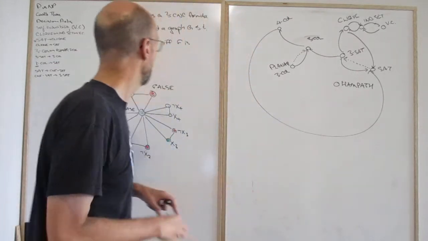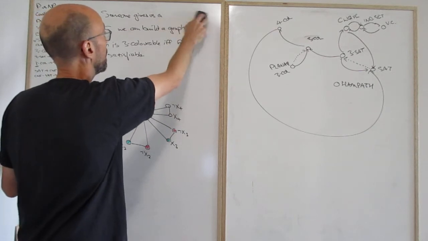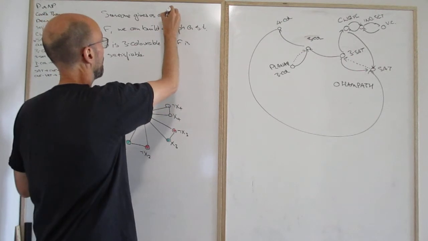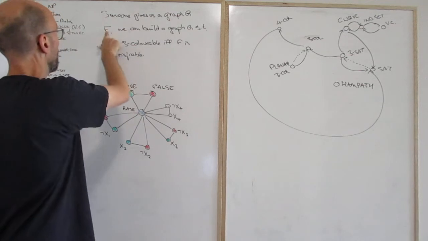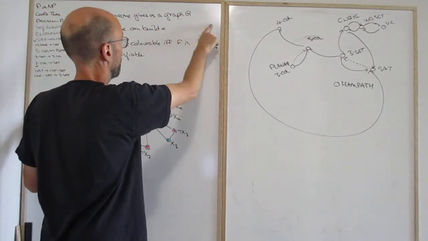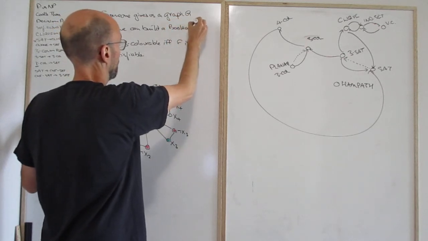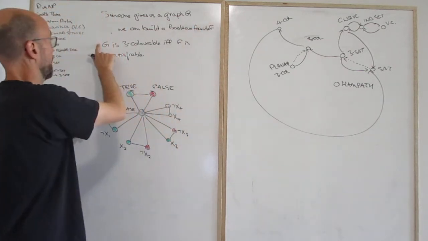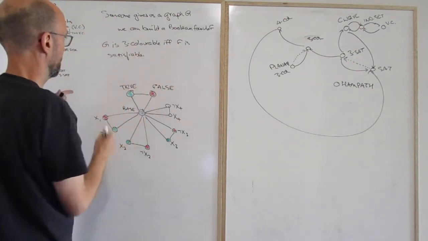So now somebody gives us a graph G, we can build a SAT formula, a Boolean formula F, such that I don't have to reverse this order because the implication goes both ways.